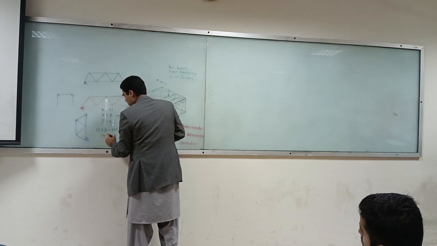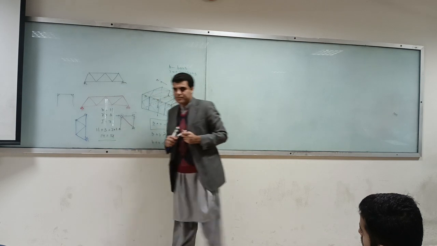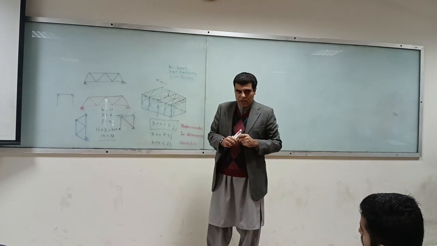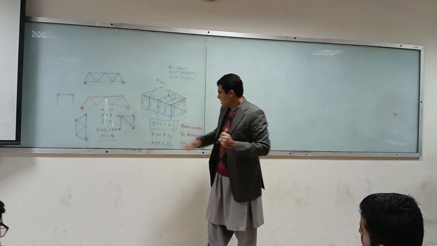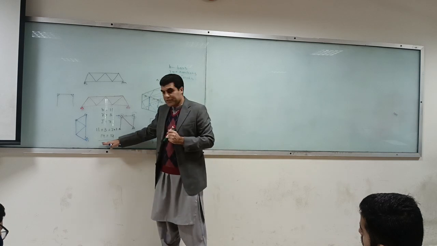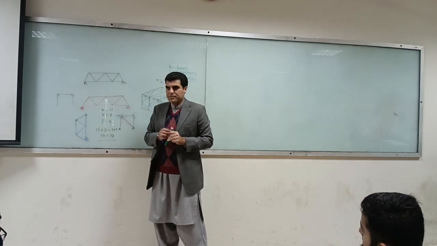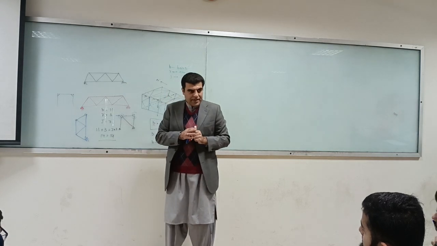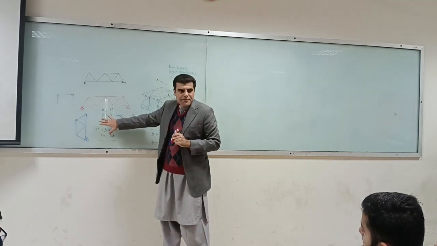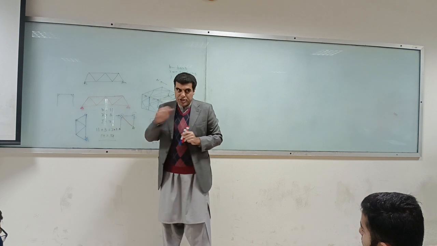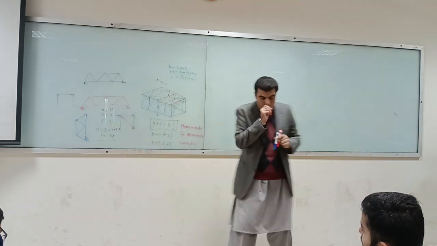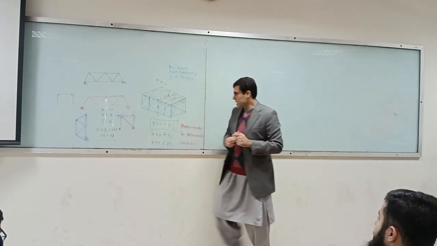So this is a determinate structure. So based on this, we can say that this is determinate and it is stable. So you have to write it, and then you justify your determinate structure analysis. So that's how you do.